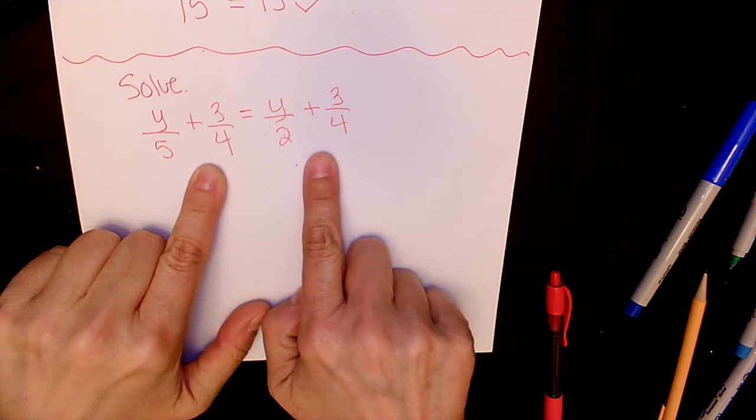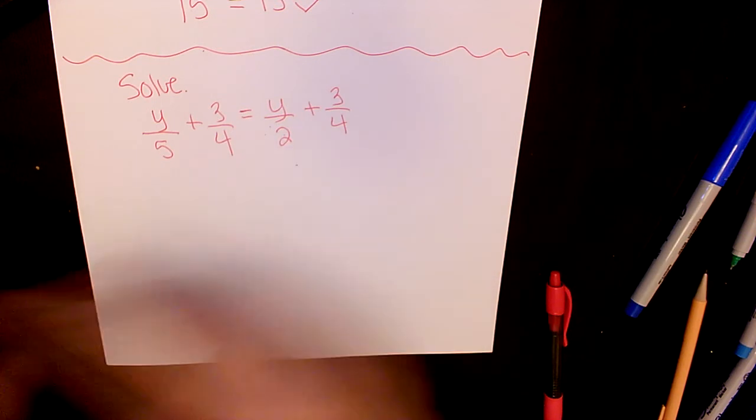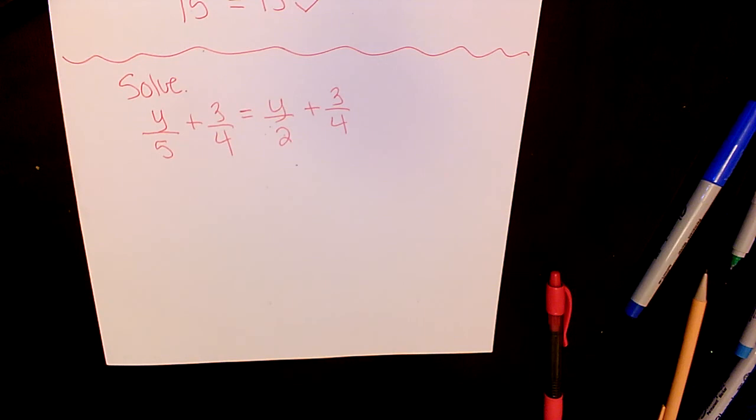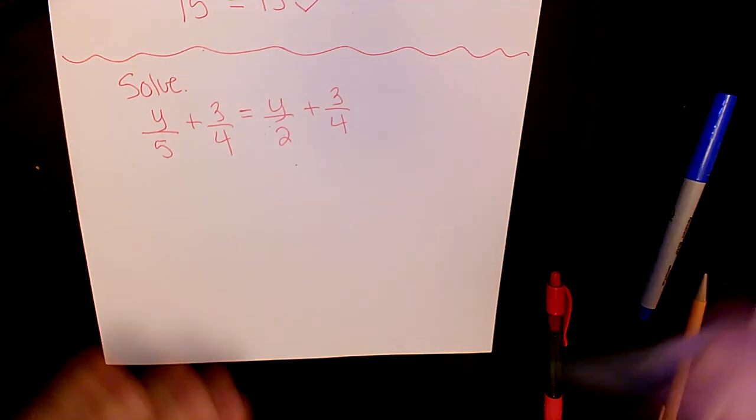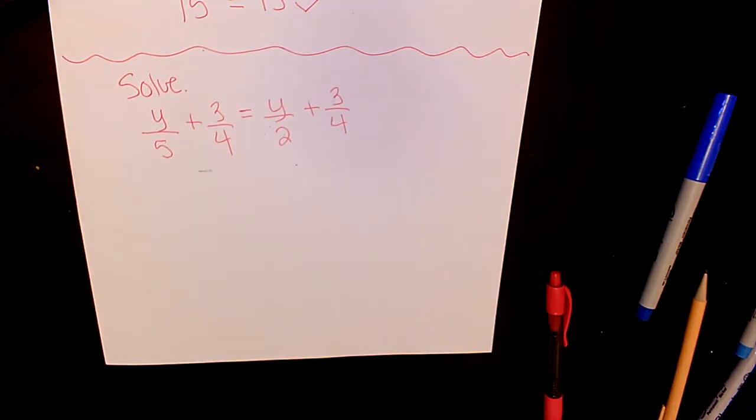So I'm going to step 2 and I'm looking at my number part or my fraction part. How do I get rid of plus 3/4? Well, I'm going to subtract 3/4 from both sides. Let's see if this, no, it's not going to work.